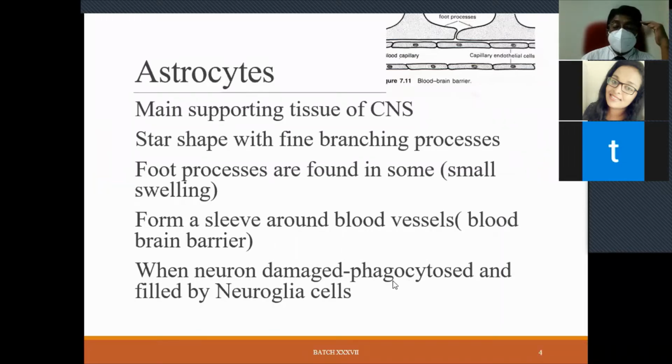When a neuron is damaged, it is phagocytosed and the gap is filled by the neuroglial cells. As you know, when a neuron is damaged, we expect there's no recovery.